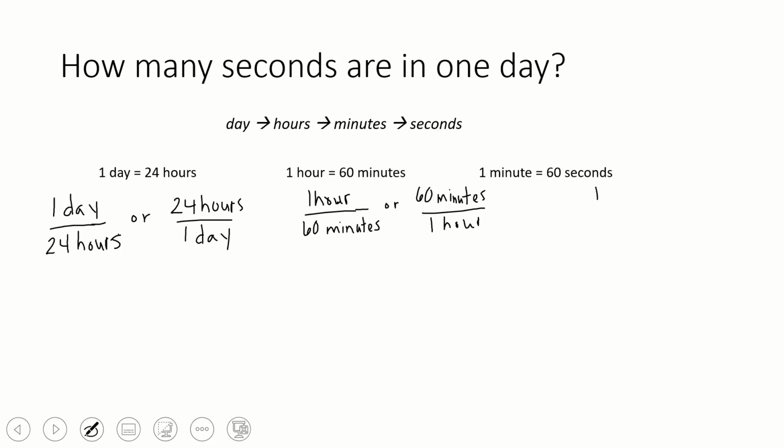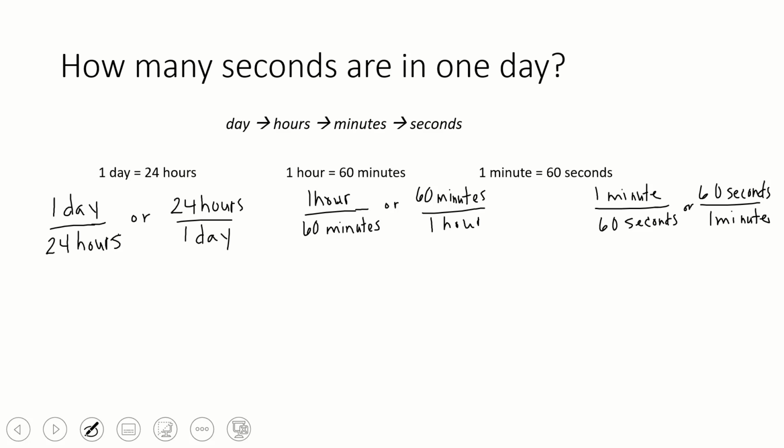I could write 1 minute per 60 seconds, or I could write 60 seconds per 1 minute. All are valid, but for each of these equalities, only one conversion factor will be used.